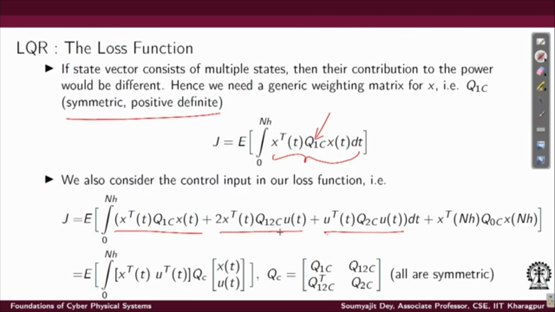Okay. And not only that, I would also like to consider what my state is at the end of this control window. So, when we take it as a summation, we are considering not only single instances, but the cost function has to be windowed.